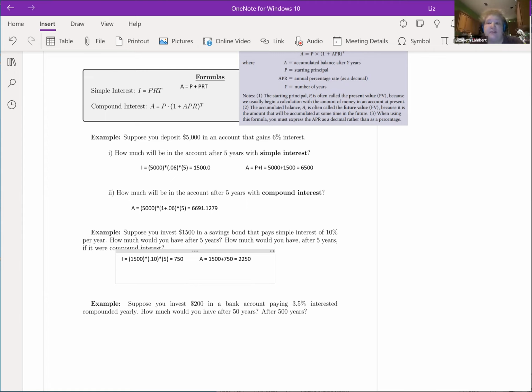Now let's see what happens if we do it with the compound interest formula. Then we 1 plus 0.10 to the 5. Why is it doing this?